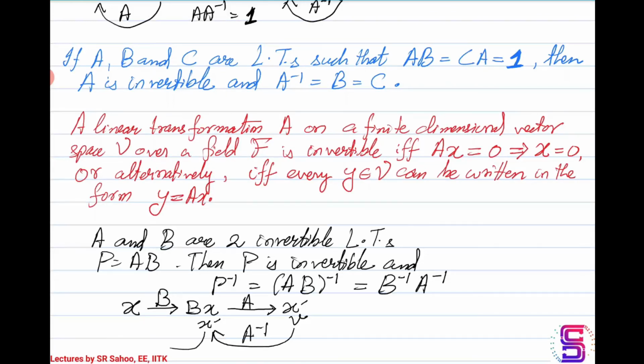And then you make B inverse act on x dash. It gives you x back. So the inverse of the map AB is the same as the product of B inverse and A inverse in this sequence, because what we had stated a few moments back is that the product operation in general is not commutative.